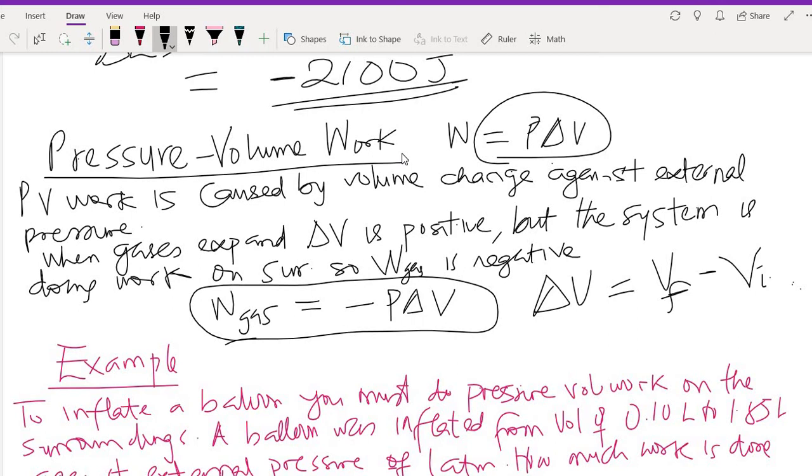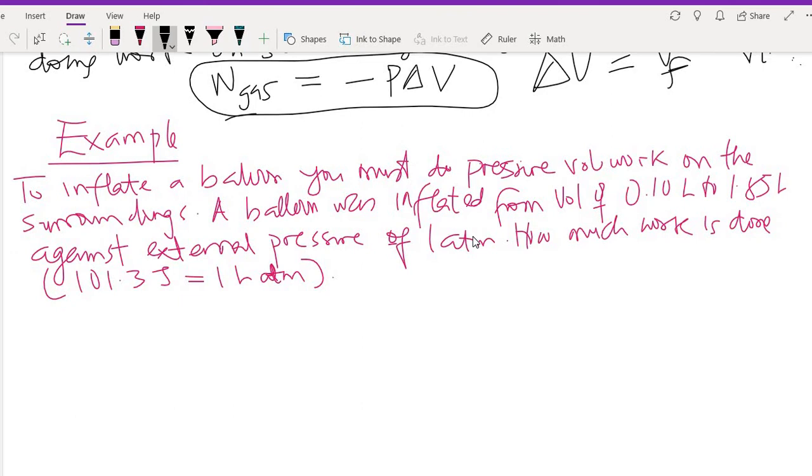Example: to inflate a balloon, you must do pressure work on the surroundings. A balloon was inflated from a volume of 0.1 to 1.85 liters against an external pressure of 1 atmosphere. How much work is done on the system?